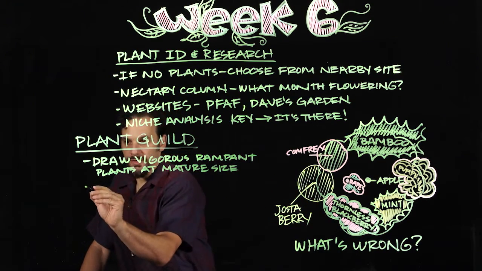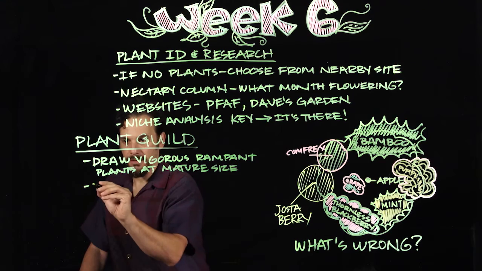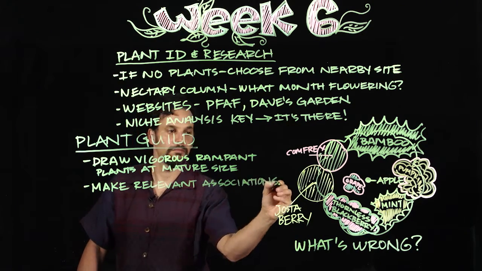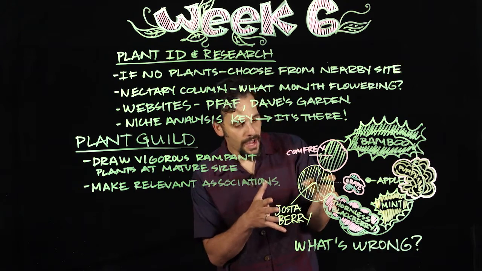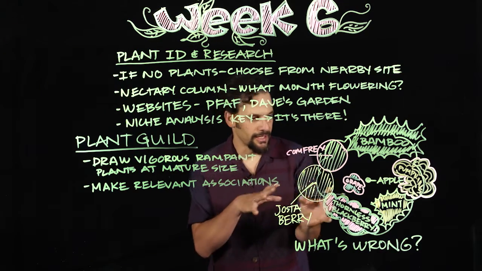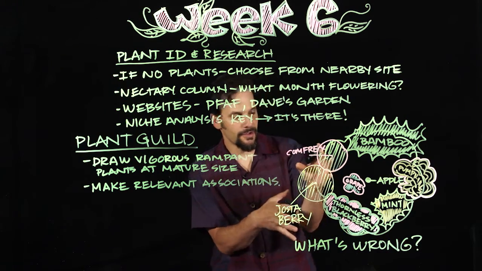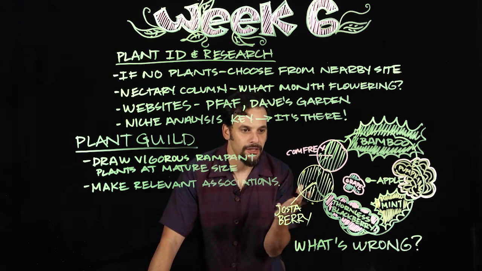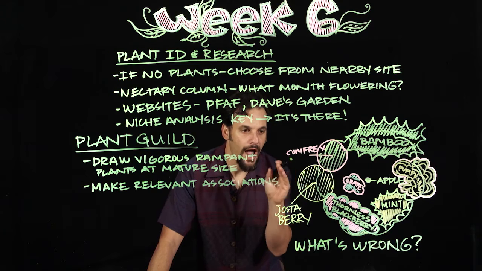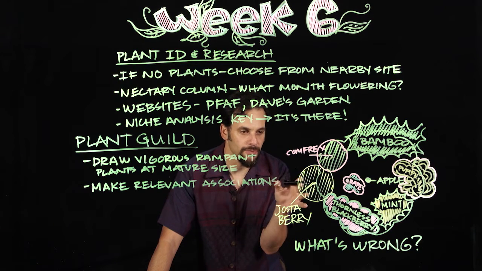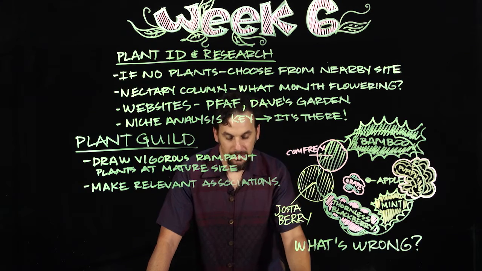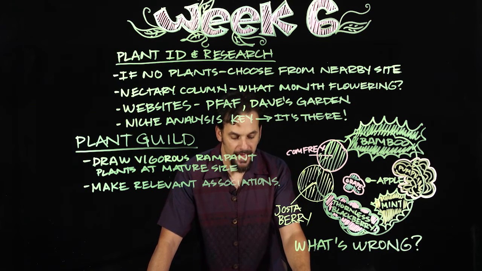Another thing we want you to do with this assignment is to make relevant associations. So when you're telling us why you planted the jostaberry next to the thornless blackberry and the comfrey, we want you to give us some intelligible explanation of why you put those, what the relationship is between those plants, based upon the ecological functions that we covered in the material.